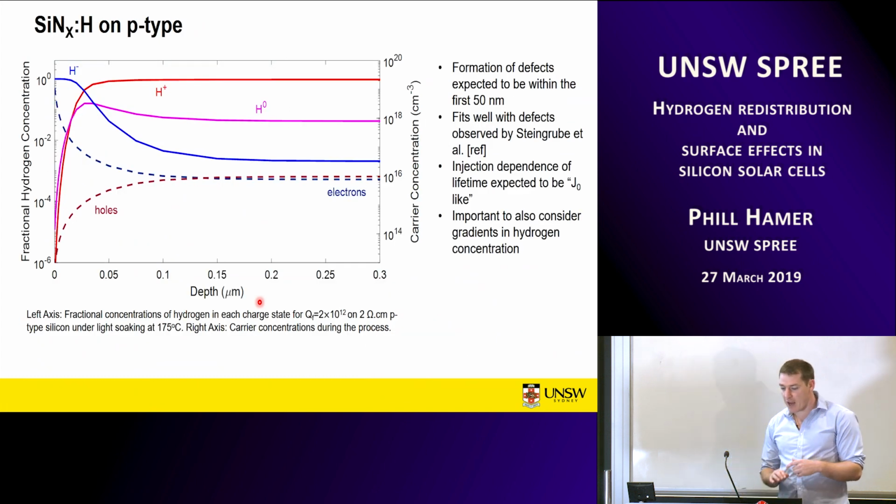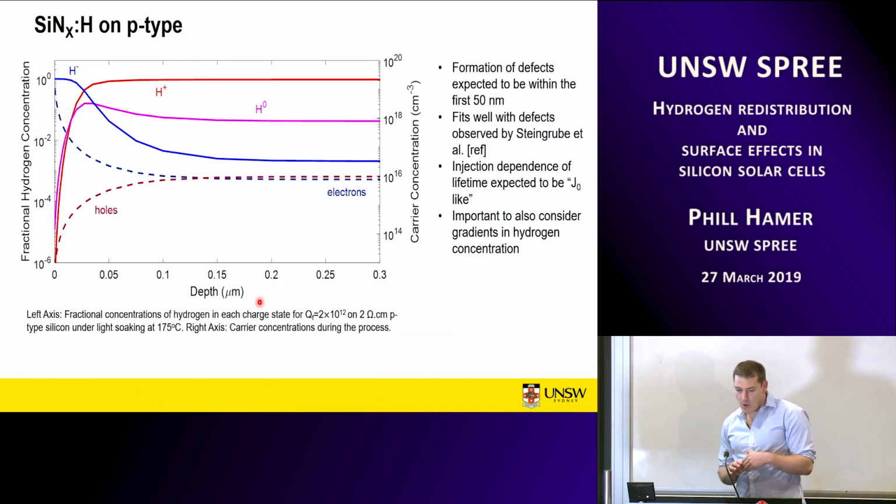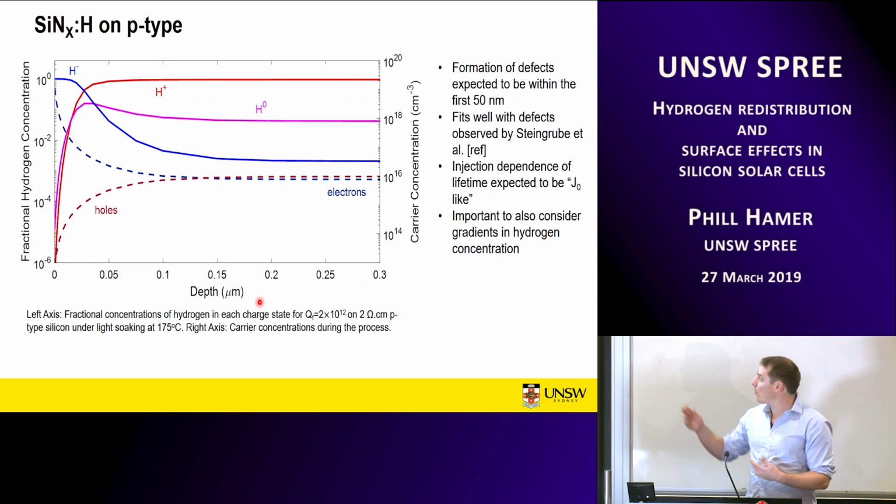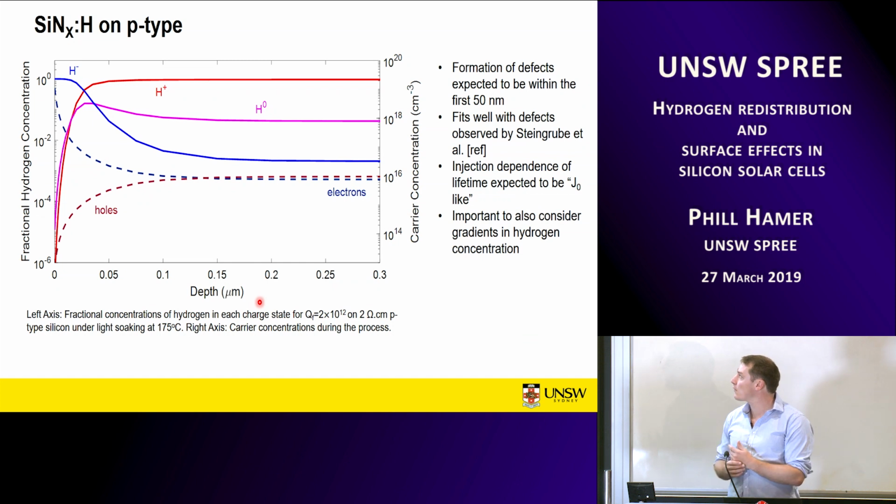So with that understanding, we can model where we would expect these defects to occur in each of our cell structures. If we have a nitride layer on P-type, with an inversion layer at the surface, we can run our model and get fractions of hydrogen in each charge state.